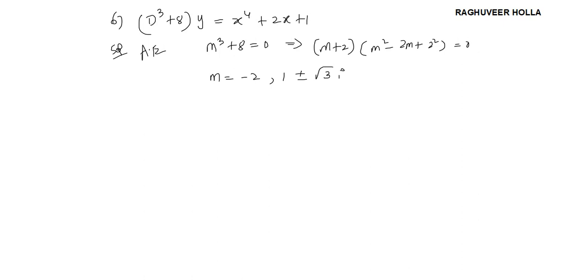So now let us write the complementary function corresponding to this. You have minus 2 and 1 plus or minus root 3 i. So that would be c1 e to the power of minus 2x, right?